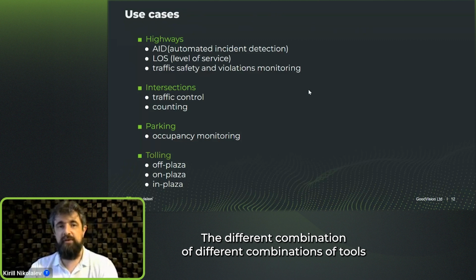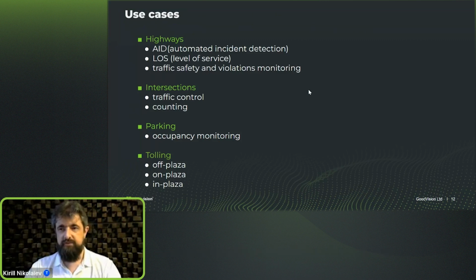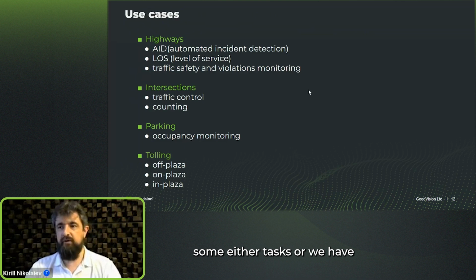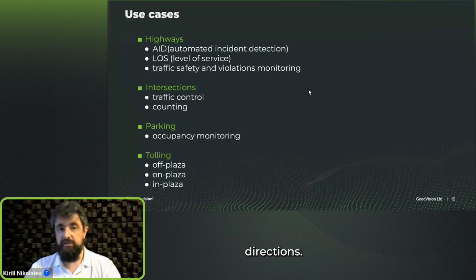Different combinations of tools make you use them for different purposes. However, we have some examples where we already did either tests or we have ongoing live projects, and we divided them into 4 main, let's say, directions.